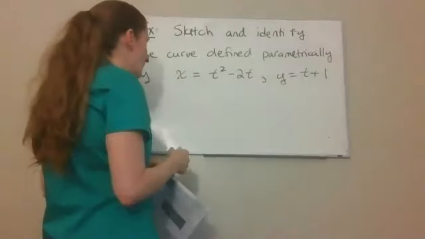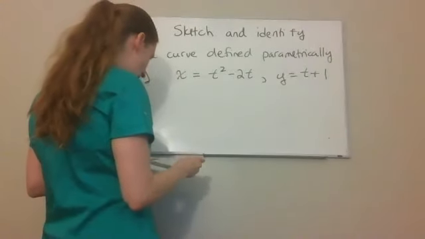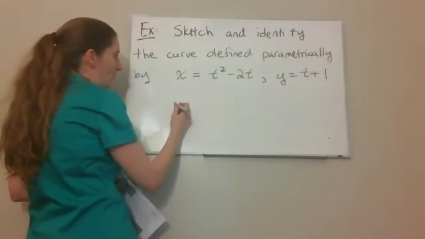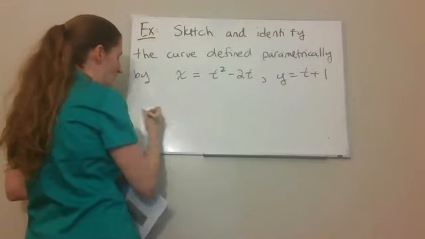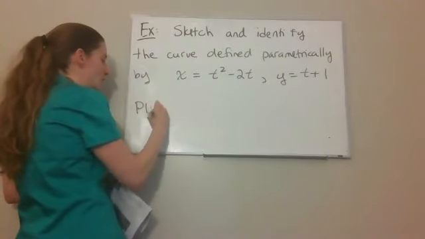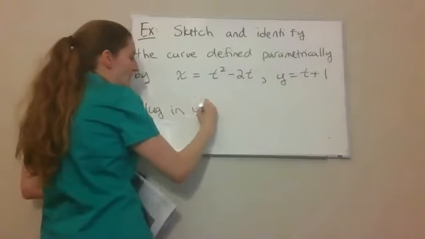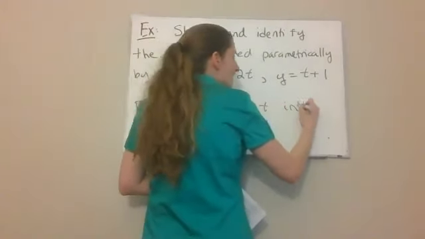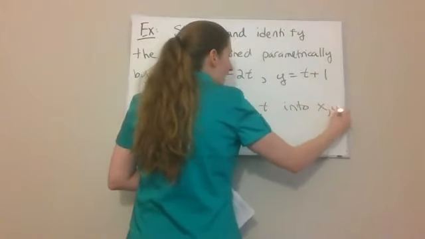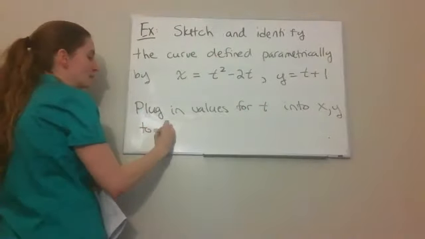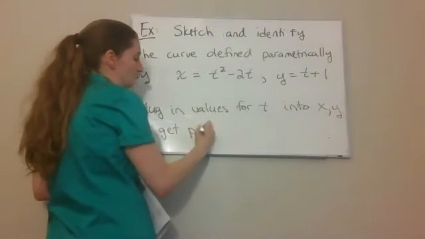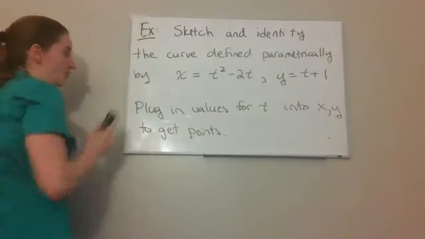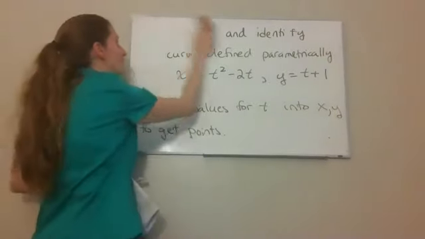So to do that, I'm going to start just by picking some various values for t and see what happens when I plug them into these particular equations. So plug in values for t into x and y to get points to plot. I'm going to need to clear my board out so we have enough room.